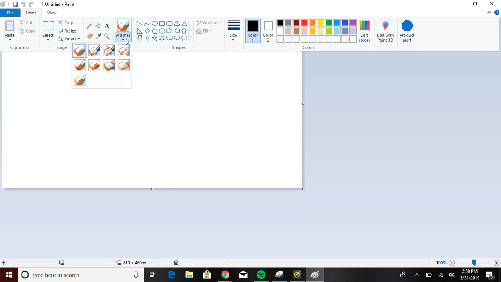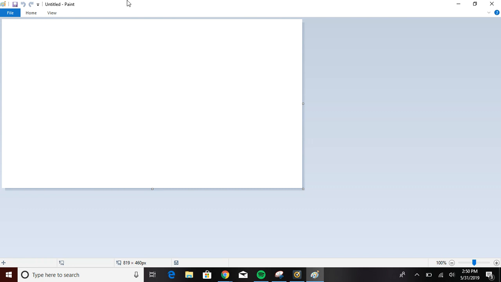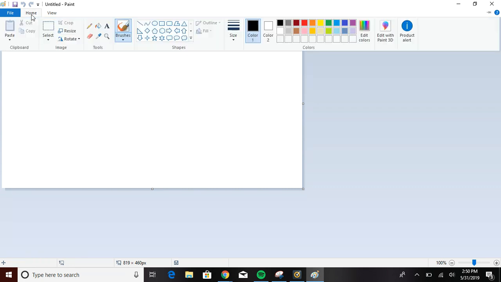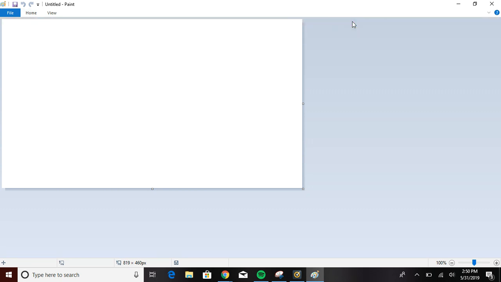So I guess we'll start by getting a brush, and I'm going to do a fun color. We'll go with purple. So real quick, I'm going to grab my pen that draws on computers.